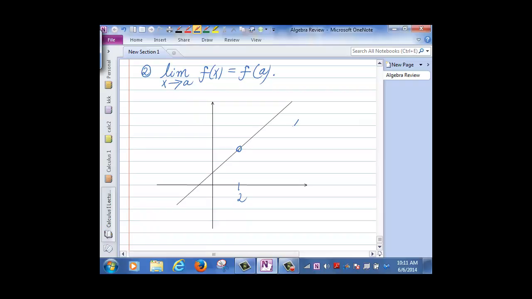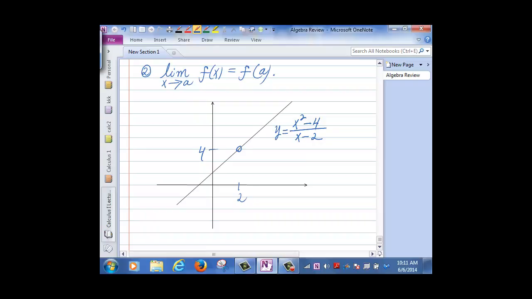So if I look at the function x squared minus 4 divided by x minus 2, the graph of this function is this straight line with the hole at 2, right?